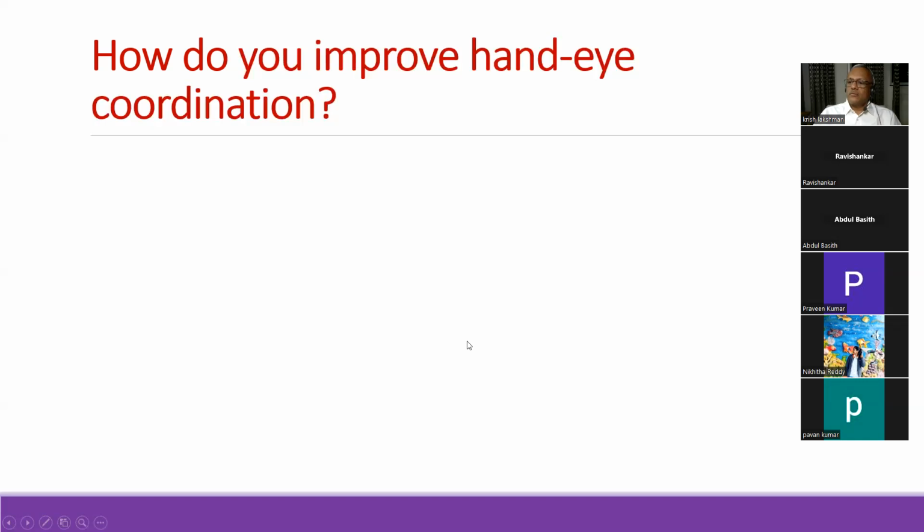Now we talked about difficulty in hand-eye coordination, looking at the screen and working somewhere else down below. What are the tricks that one can use to improve the hand-eye coordination? Vinod. Practice, sir.